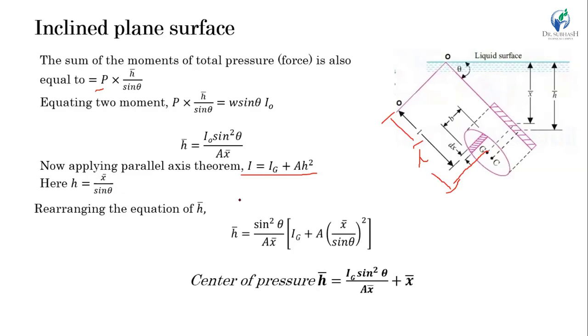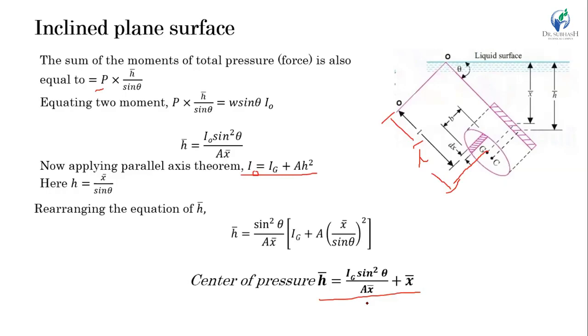Put this value in the equation, and we get H bar equal to sin square theta upon X bar times IG plus A into X bar upon sin theta whole square. By canceling the common terms from the denominator and numerator, we get the final equation: H bar equal to IG sin square theta upon A X bar, plus X bar.